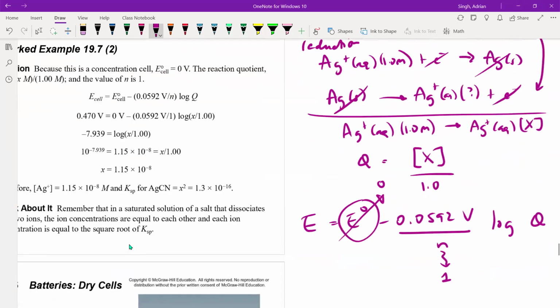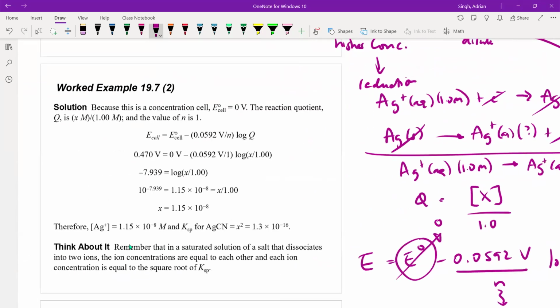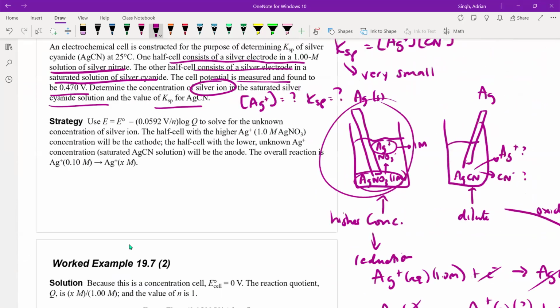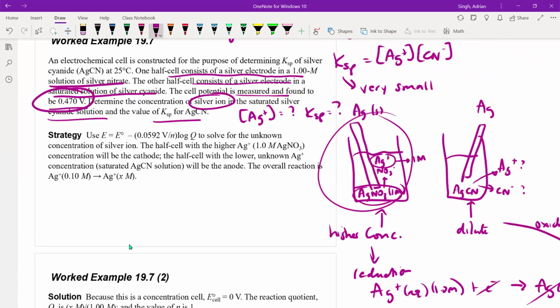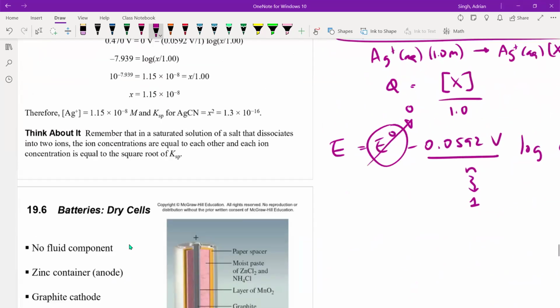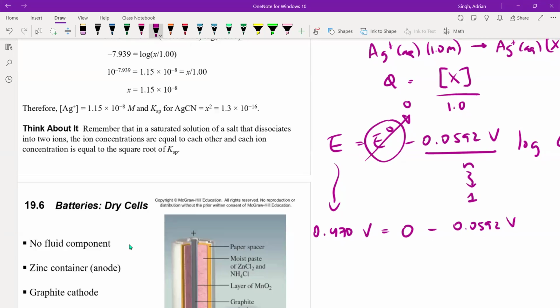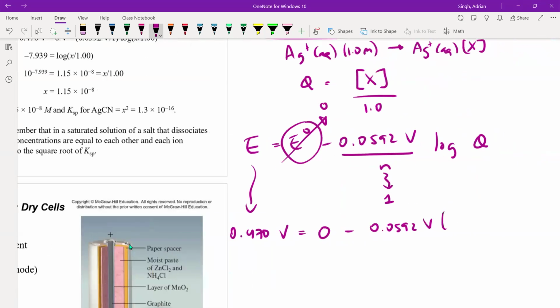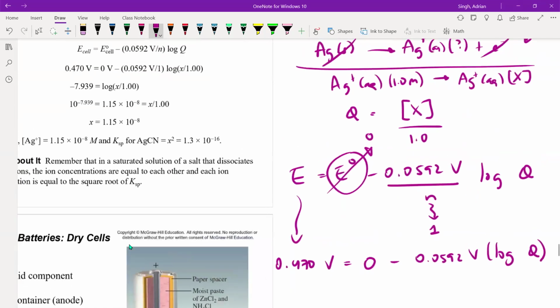So we end up then with E, which I think we were given that value. Yes, so E of the cell was determined. We measured that as 0.470 volts. So this here is 0.470, and then standard E of the cell is 0, minus 0.0592 over 1, which is the same as 0.0592, times log of Q. So we'll do a little bit of manipulation here.